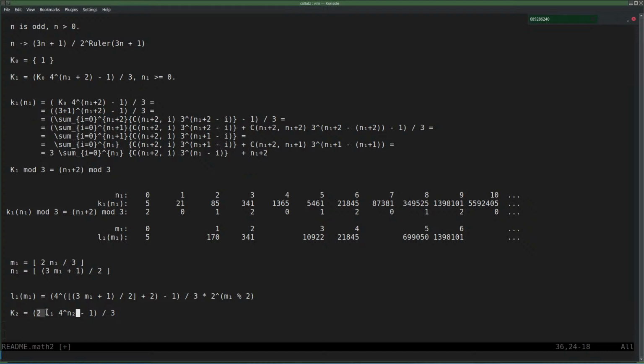So now this thing is always multiplied by a factor of 2 at least, and is equal to 1 modulo 3. So then subtracting 1 gives 0 modulo 3, and therefore it is divisible by 3. So this is the final formula for arbitrary k, but it makes use of an L instead of k1.